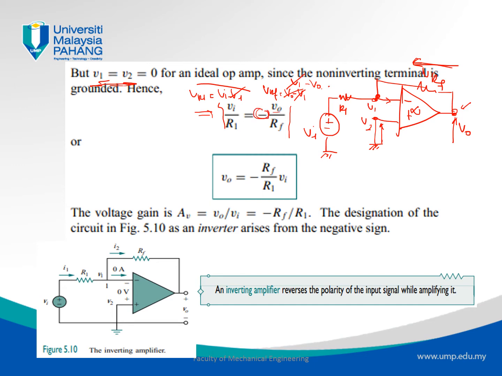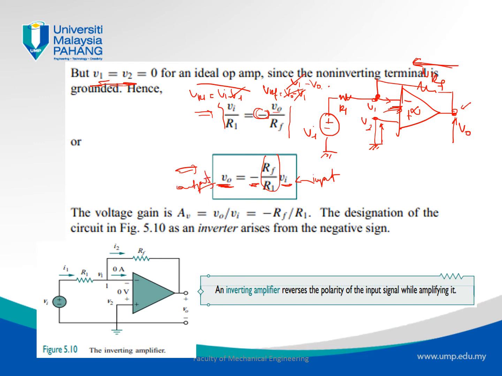So if we rearrange the whole equation, because what we're looking for is the output voltage V0, we get V0 equals minus RF over R1 multiplied by V input. The minus comes from the input being applied at the inverting terminal. So this is the input, and here we get the output voltage.